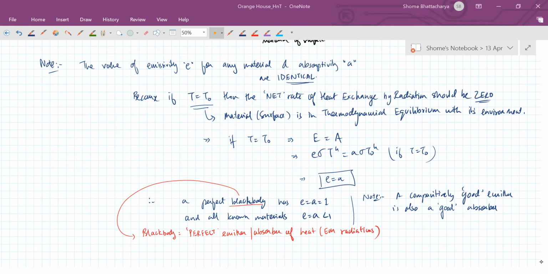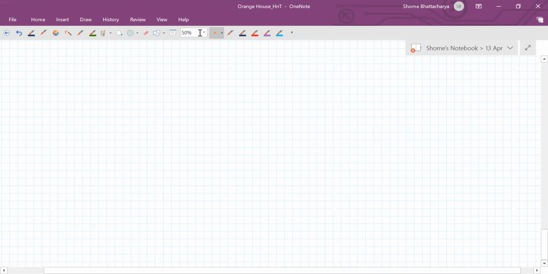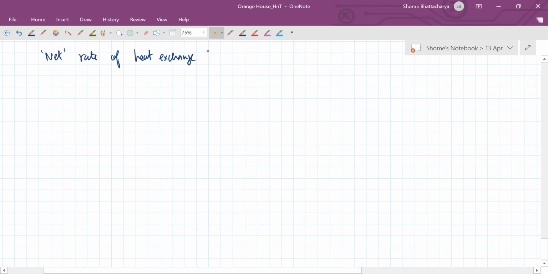Okay, good. Okay, so now that we have understood emissive power and absorptive power, we can also understand the net rate of heat exchange by radiation for a given material. Okay.